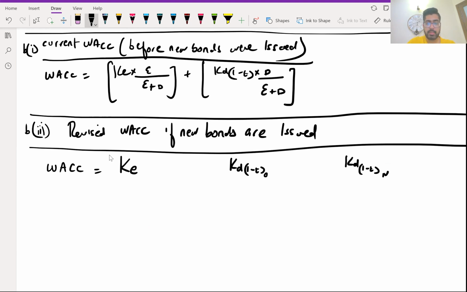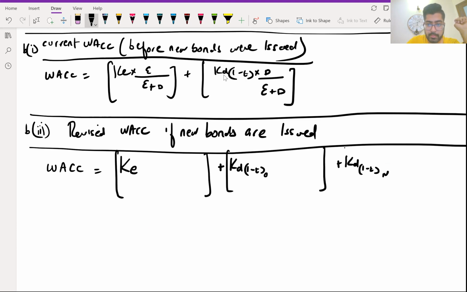These are the three costs the company has to bear if new bonds are issued, because before new bonds were issued it had two things: equity and debt, KE and KD. Now it has three things: KE, KD old, and KD new.